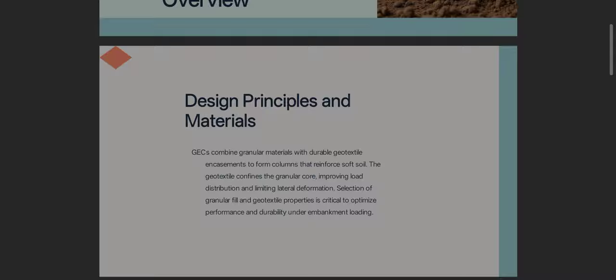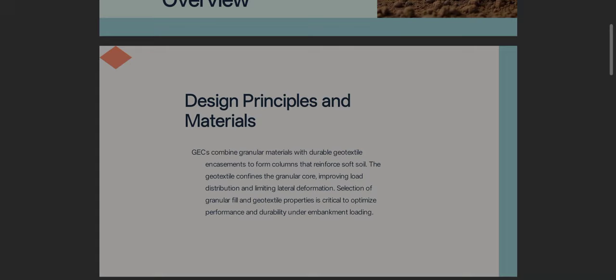A fundamental design principle of GECs is a confinement mechanism where the geotextile encasement restrains lateral expansion of the granular material under vertical loading. This restraint mobilizes hoop tension in the encasement, increasing the apparent stiffness and strength of the column. As a result, axial load is transferred more efficiently from the superstructure to deeper and stronger soil layers.